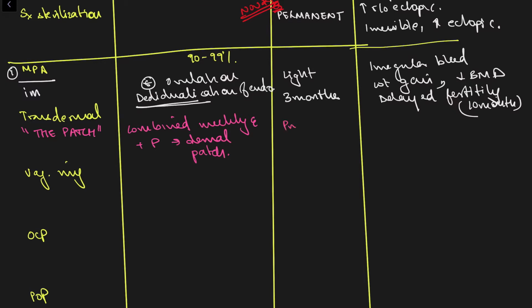That it is very predictable. The periods can be predicted, like there will be withdrawal bleed as we predicted. The menses will be light, less painful. Okay, and the advantage is that you just need to take it weekly.